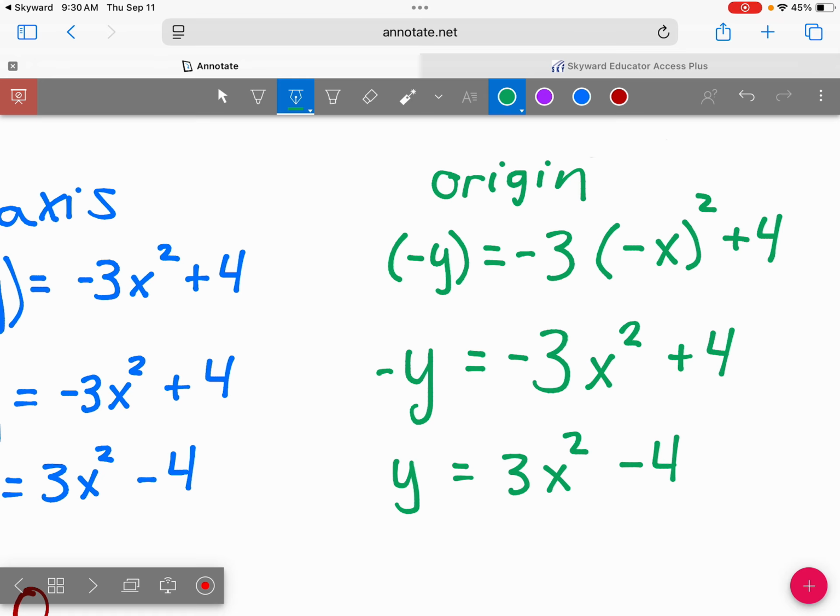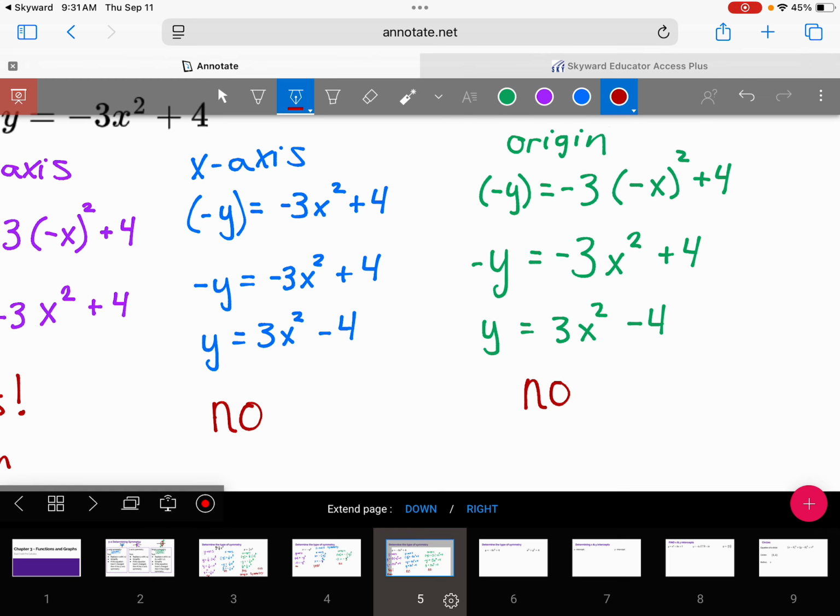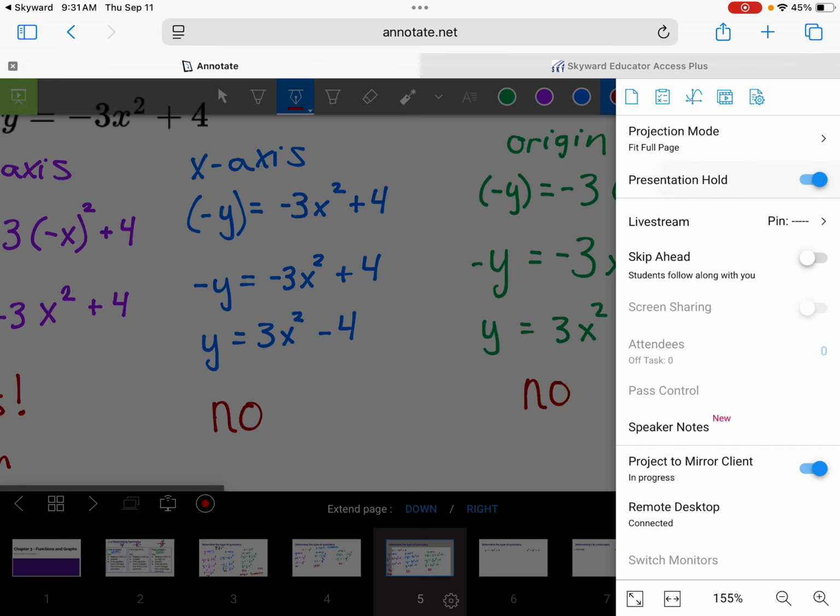Either way, it's a no. So if we spot it, especially if we spot it like this, to see that these two things are exactly the same, sweet, totally cool. You don't got to finish it out. We're just seeing if it has the symmetry. So this only has our y-axis symmetry.